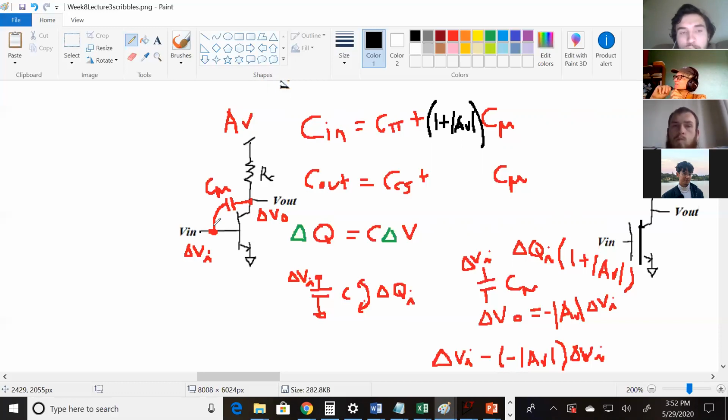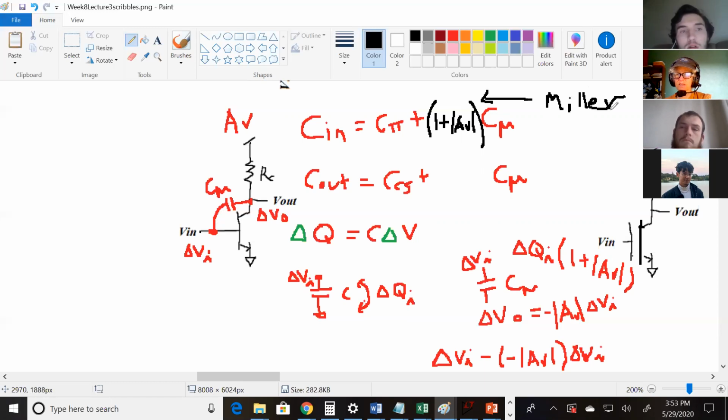If you take a capacitor and take it from the input of an amplifier to the output of an amplifier, on the input, it looks like a giant capacitance. It gets multiplied by whatever the gain of your amplifier is. So you can use a really little capacitor, but it looks like a big capacitor because of the Miller effect. This is called the Miller effect.